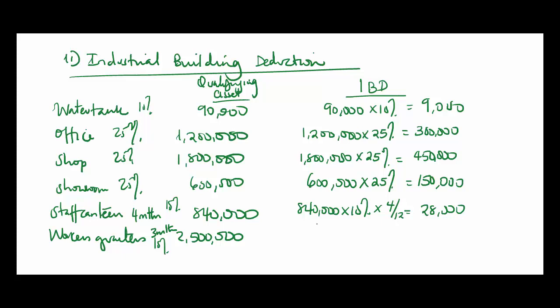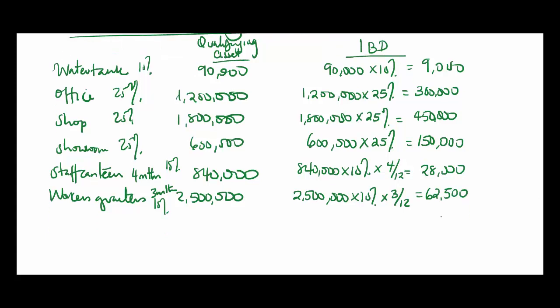For the workers' quarters, 2.5 million times 10% times 3/12, which gives you 62,500. Now when I add all of these up, what do I get? 999,500.